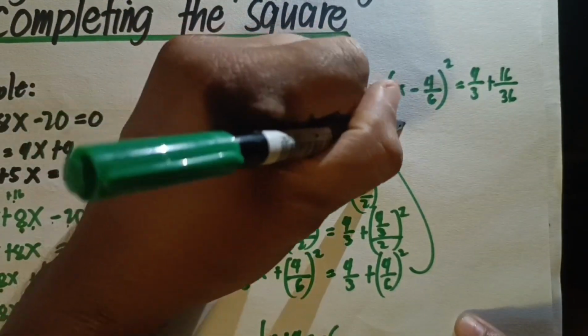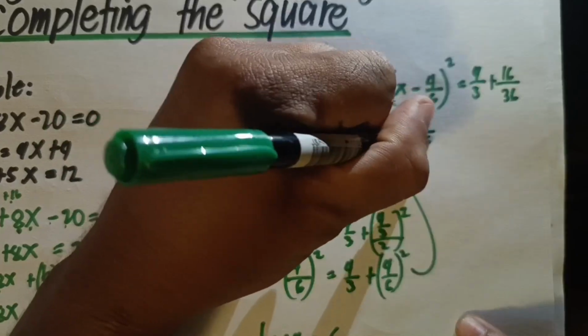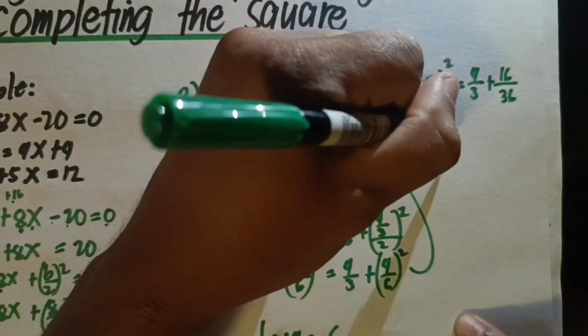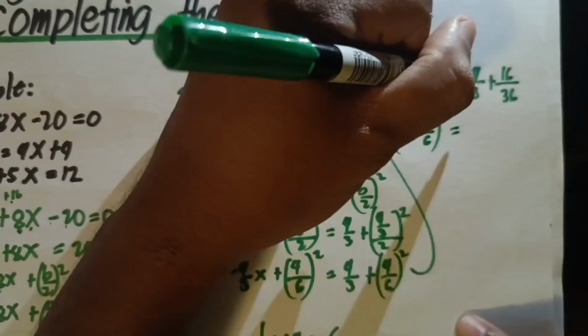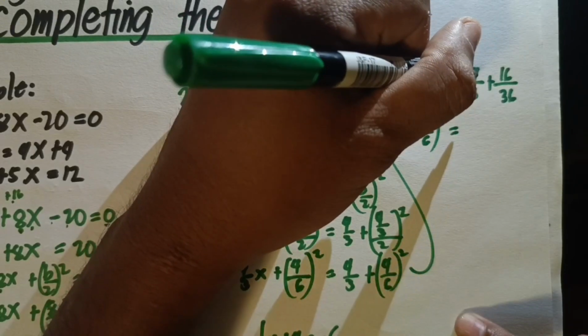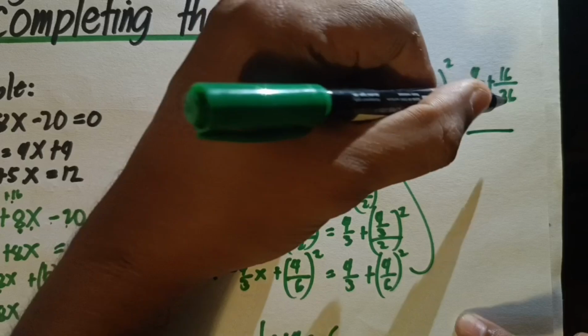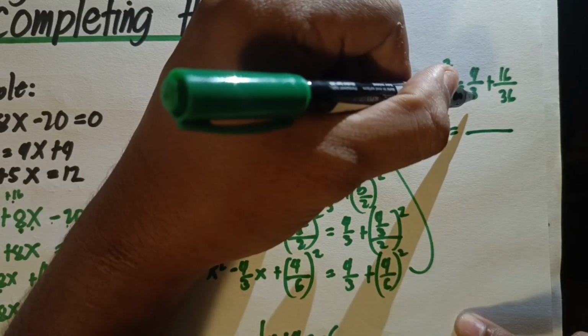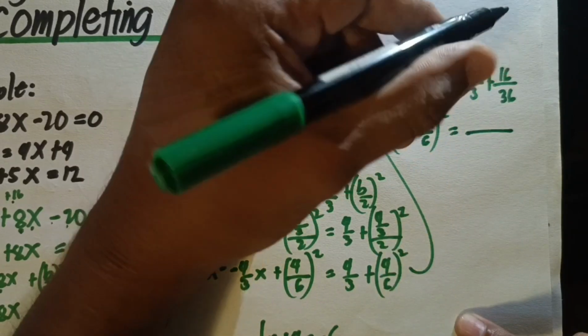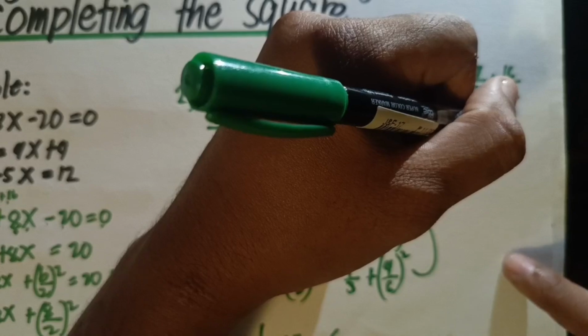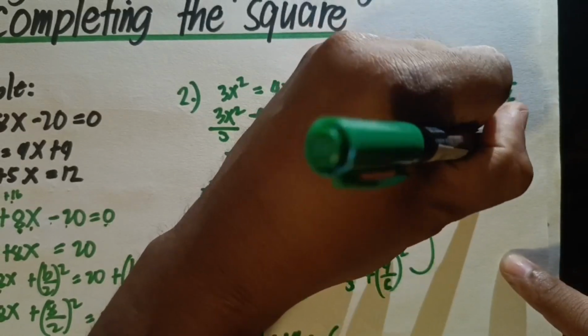So it will become (x minus 4 over 6) squared is equal to 4 over 3 plus 16 over 36. In this case, 36 is divisible by 3, so our LCD is 36.